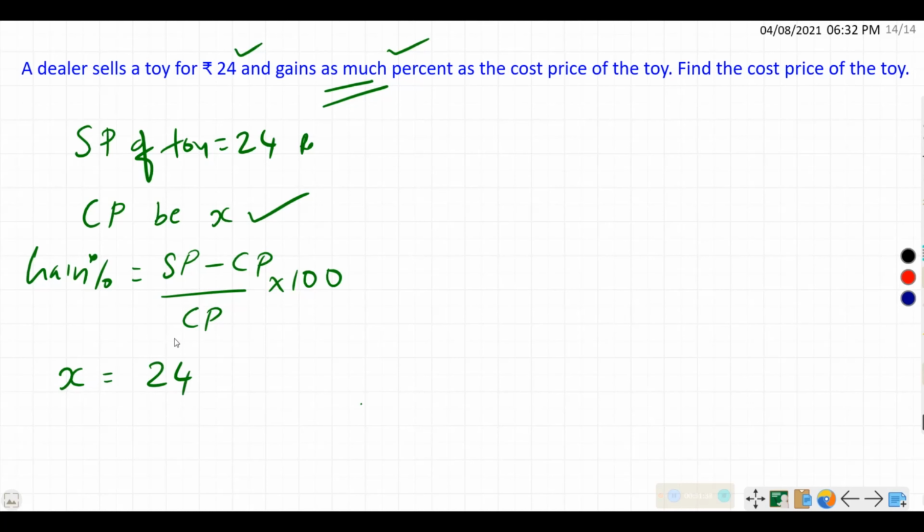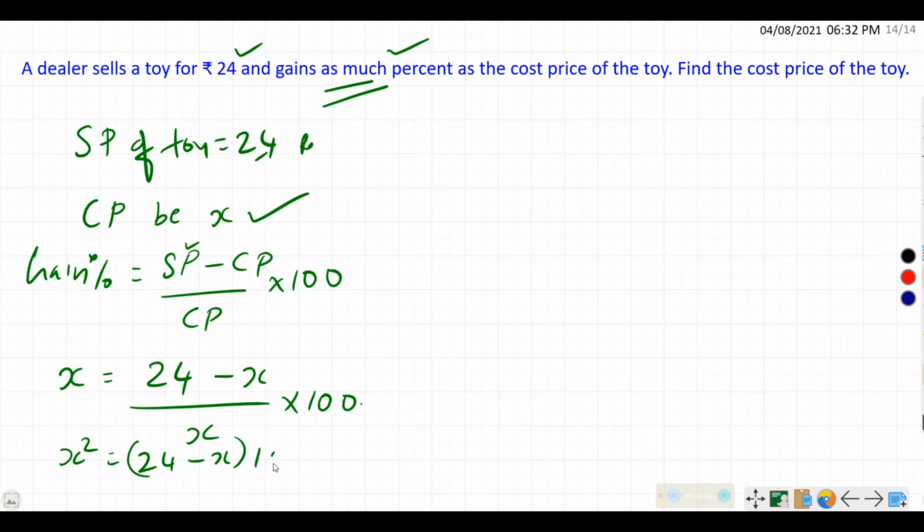X is equal to selling price 24, cost price is X, upon X, into 100, all in terms of X. So we will create an equation out of it to solve it. X square is equal to 24 minus X into 100.